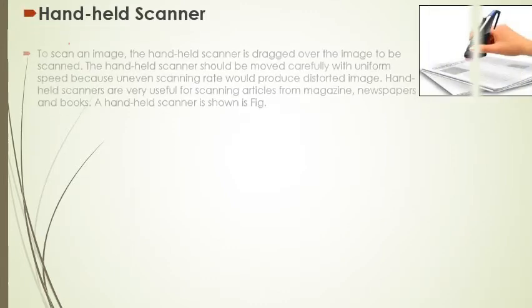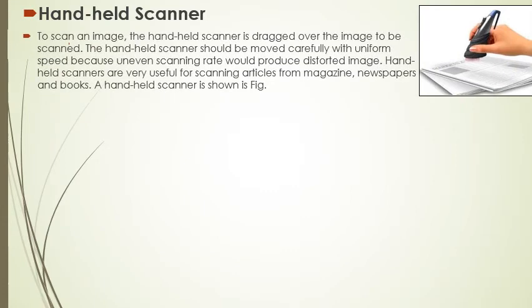Handheld scanner. To scan an image, the handheld scanner is dragged over the image to be scanned. We move the handheld scanner over the text or the image, so that area is scanned. It should be moved carefully with uniform speed, because an uneven scanning rate will distort the image.